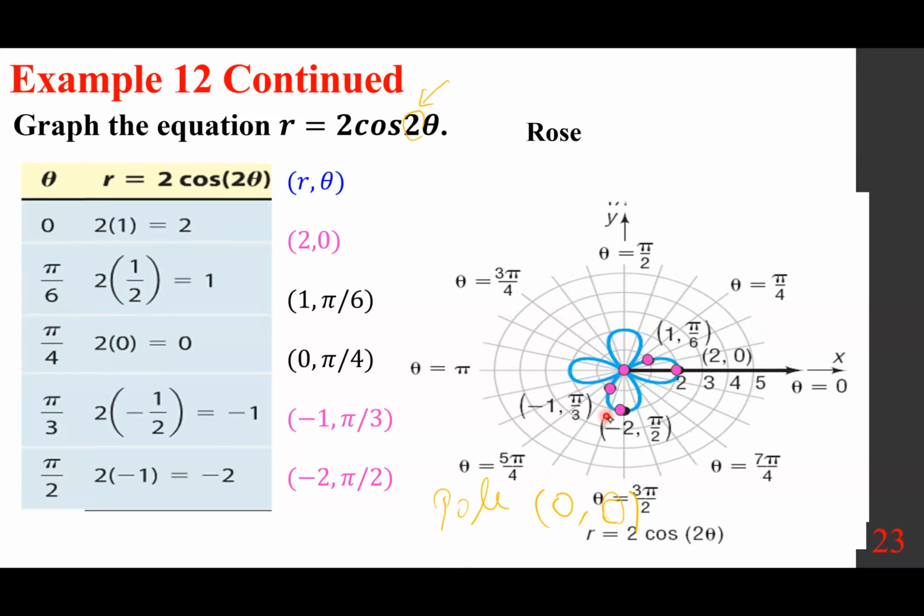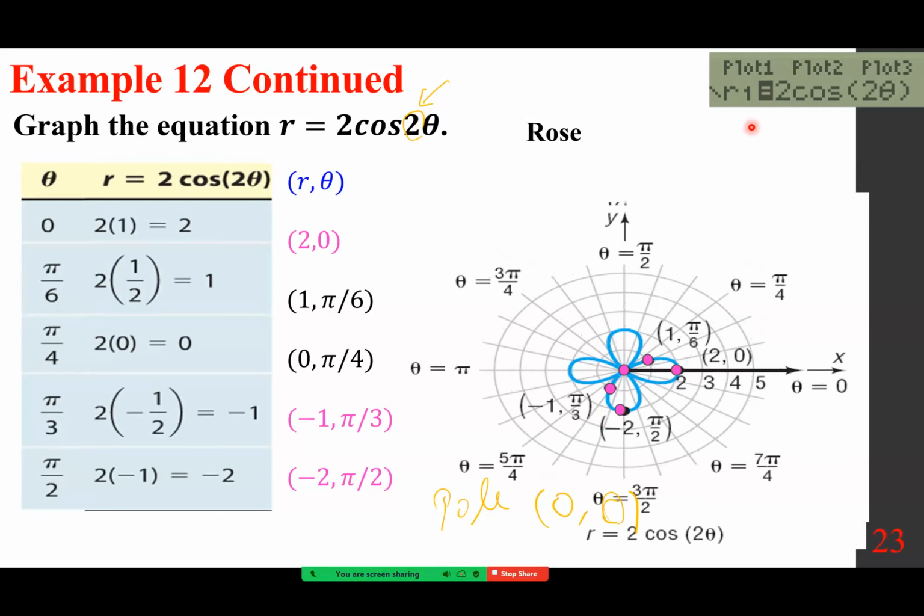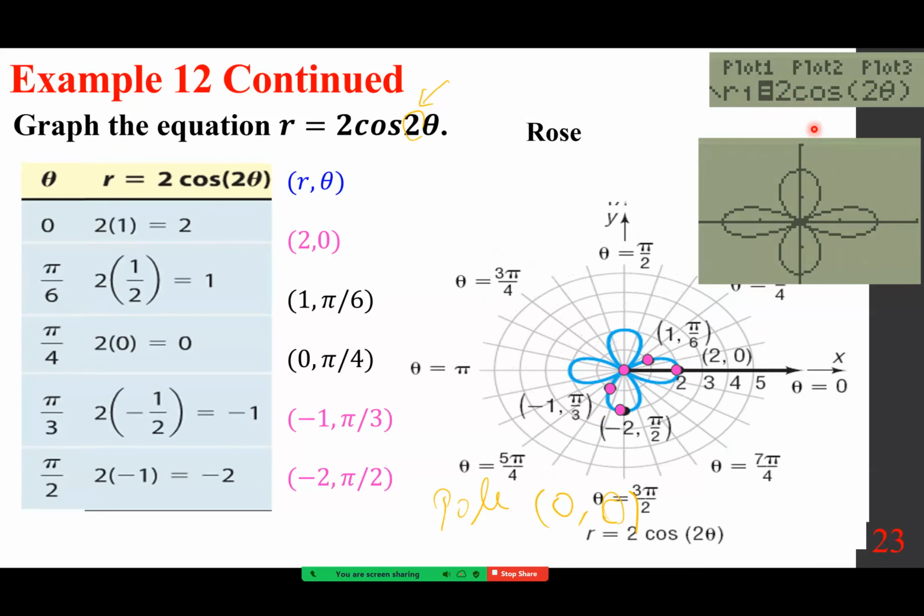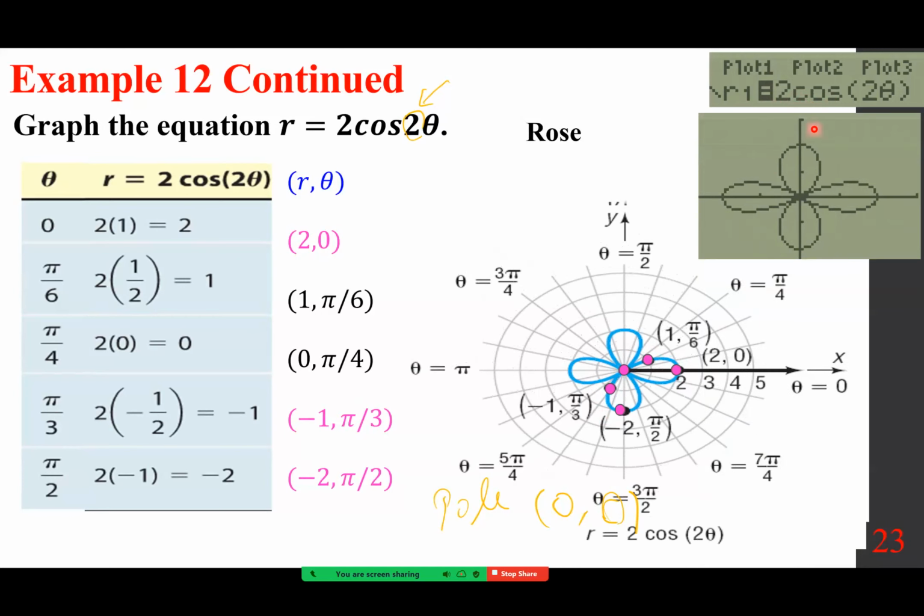And to make sure everybody understands what we're talking about, I'm going to show you with a calculator. You make sure it's in polar mode, and you put 2 cosine 2 theta, and when you see it, it starts moving in the following manner.